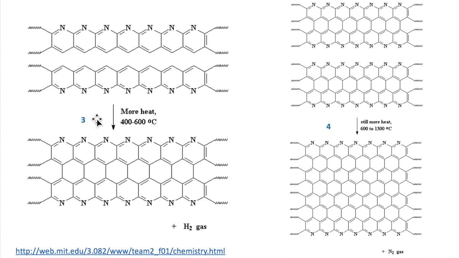And then of course you're getting rid of more hydrogens in the form of hydrogen gas. So you end up forming this kind of ribbon, and you're expelling hydrogen gas. So you're just combining chains together for the third stage.